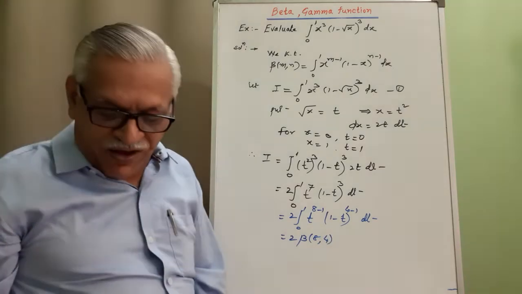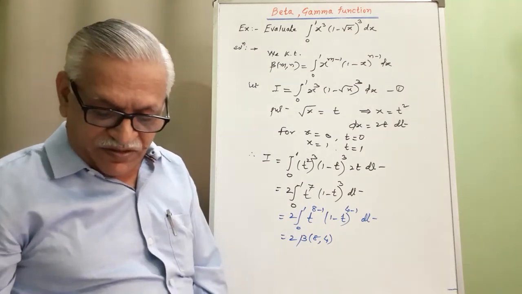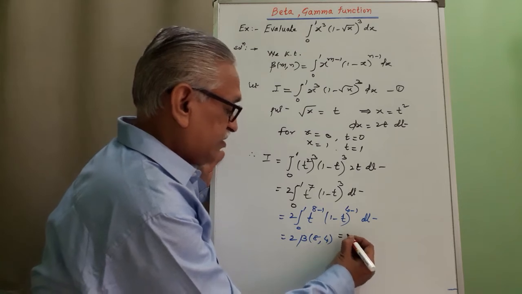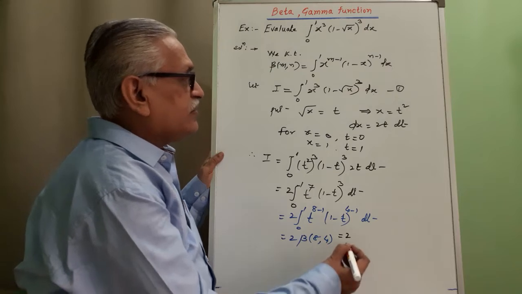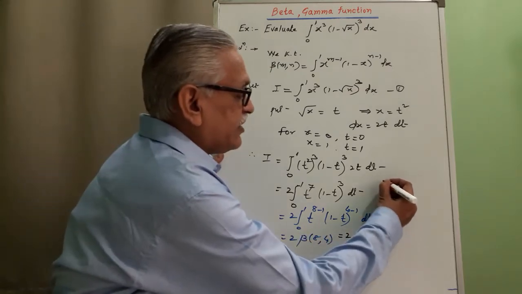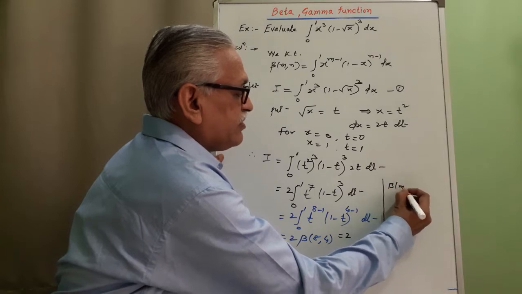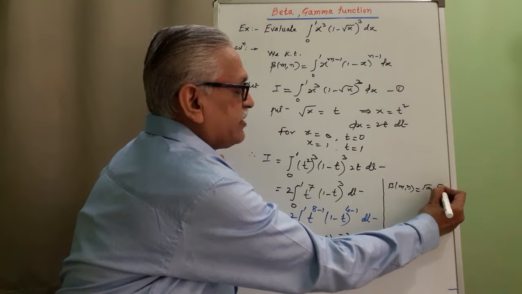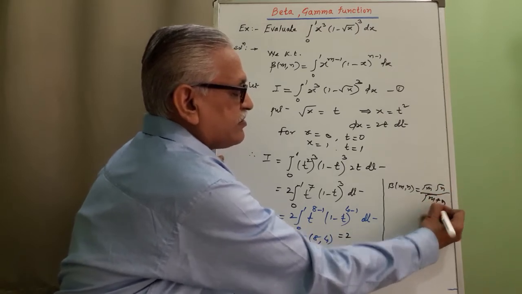To obtain the value of beta, we take the help of the relation between beta and gamma functions. That relation is, beta of m, n equals gamma m, gamma n divided by gamma of m plus n.